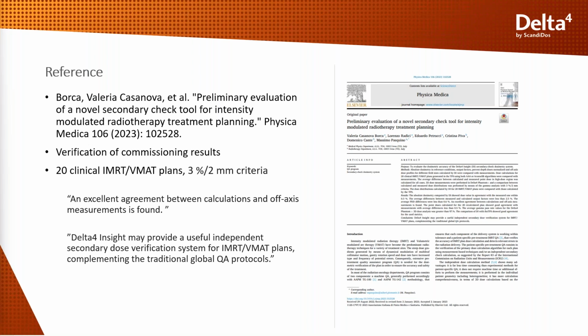They have gone through 20 clinical IMRT or VMAT plans with the 3% 2 millimeter gamma criteria against the measurements and against the two algorithms found in the Eclipse Varian system. And some quotes from this: an excellent agreement between calculations and off-axis measurements is found. And also the Delta4 Insight may provide a useful independent secondary dose verification system for IMRT VMAT plans, complementing the traditional global QA protocols.